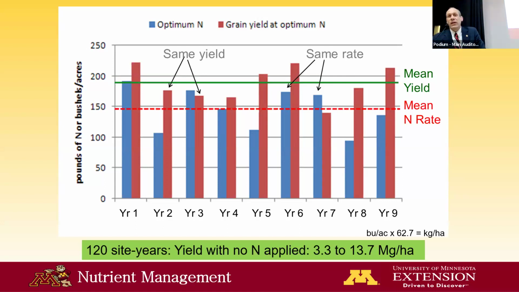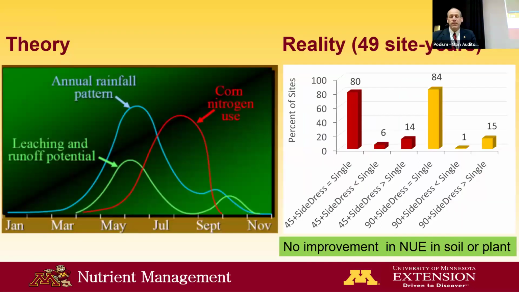And if we look even farther, we look at a database that we have to determine the N rate calculator that we use, with 120 site years of data, where if you look at the yield of the check plot with no nitrogen, you can yield between about 3 to 14 megagrams per hectare. So substantial range of variability there, and most of that is coming from nitrogen mineralization.